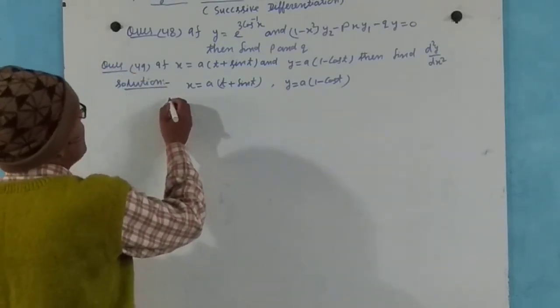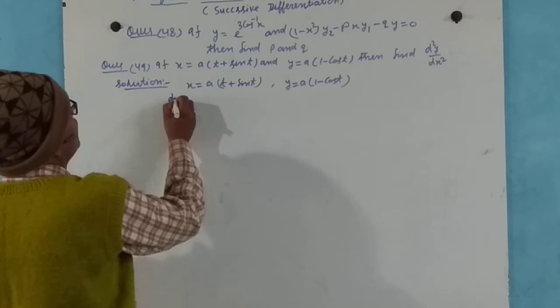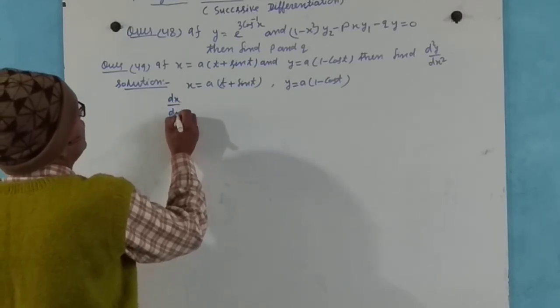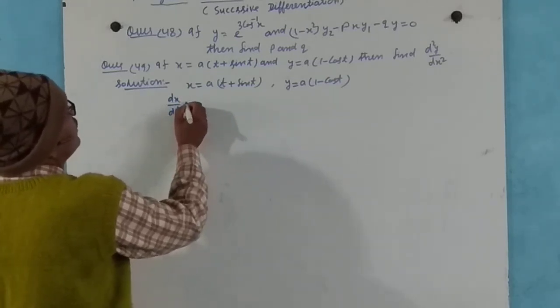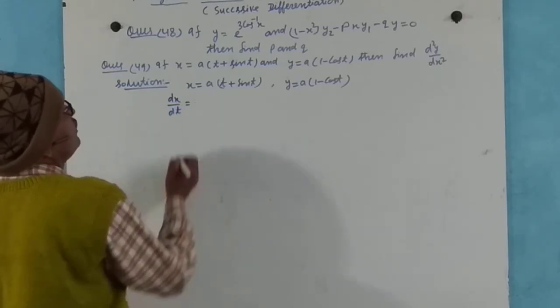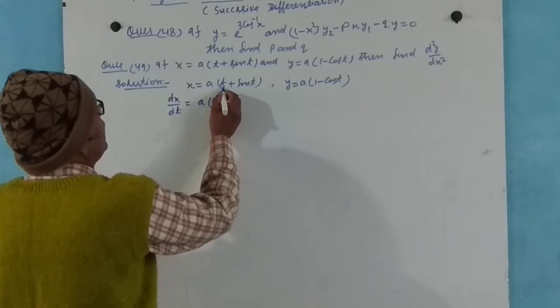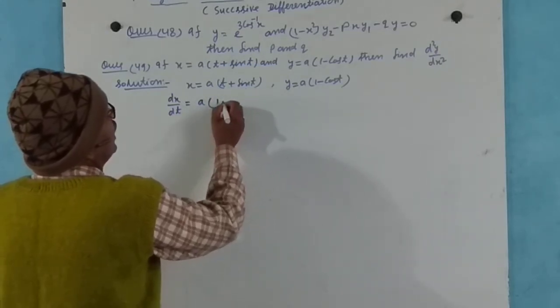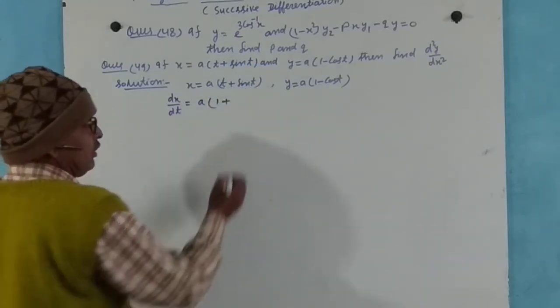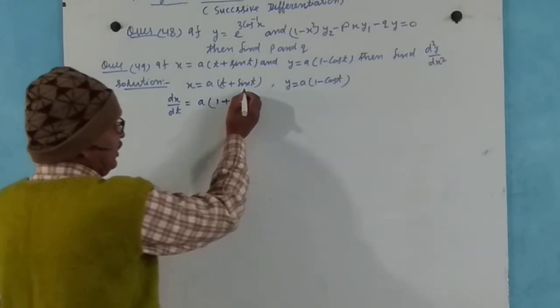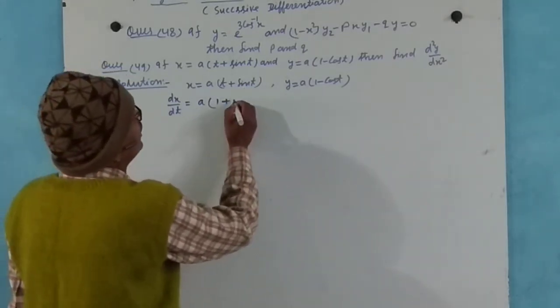Now dx by dt: here a is a constant, d by dt of t is 1, and the differentiation of sin t with respect to t is cos t.